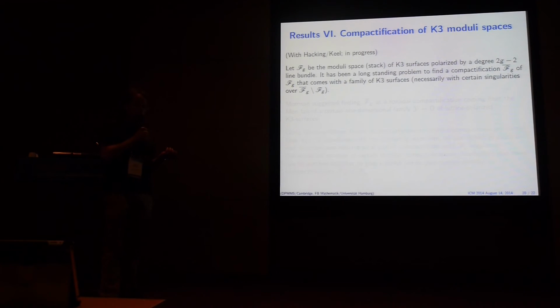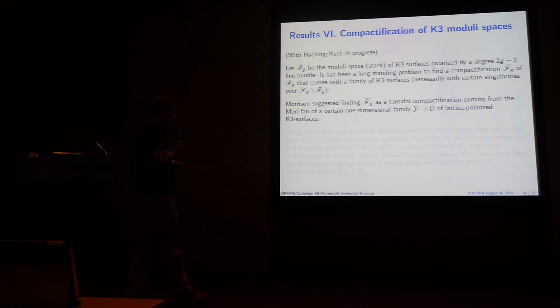And it's a basic problem to try to understand whether there's a natural compactification of this moduli space which is geometric, in the sense that you have a family of K3 surfaces which degenerates over the boundary. There are many compactifications of Fg, but they're not geometric.